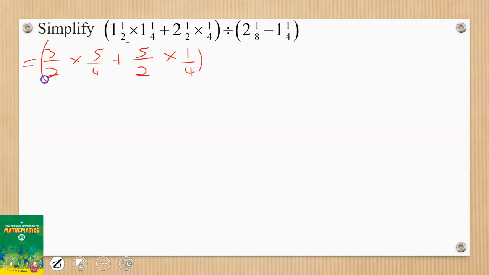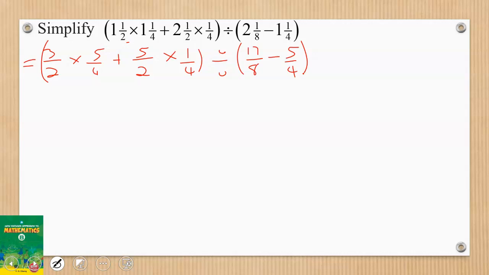So the bracket currently here, then divided by, here too we have 16 plus 1, 17 on 8 minus 1 1/4, 5 on 4. So take your time and see how best you can do the changing of mixed numbers into improper fractions. Now, with the bracket first, we still have the order.